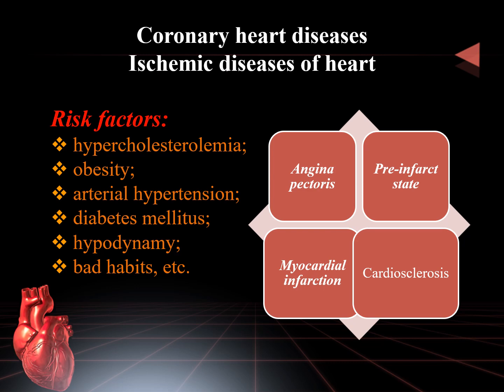Angina pectoris occurs as a short-term acute coronary insufficiency, up to 20 minutes, and manifests mainly as pain accompanied by a sense of fear and vegetative reactions. The pre-infarction state, also called intermediate coronary syndrome, develops with a duration of myocardial ischemia of 20 up to 40 minutes.